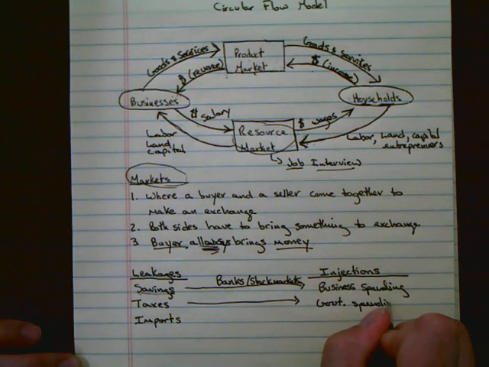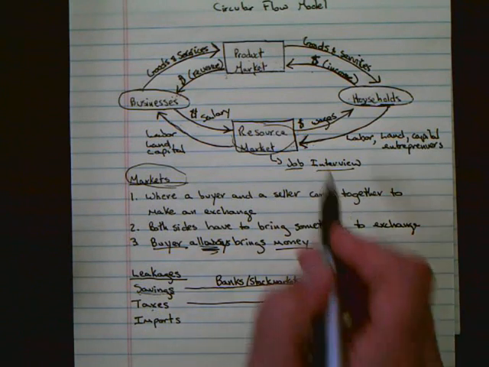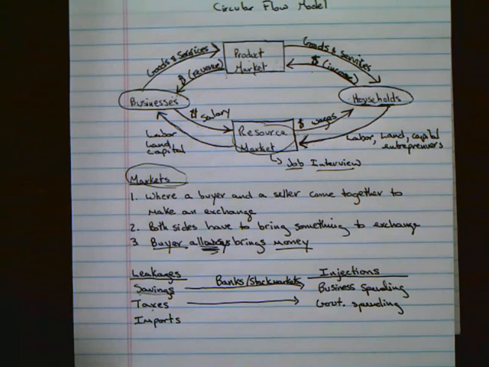When it comes to taxes, who injects our taxes? That would be the government. So government spending is our injection for our taxes leakage. So as long as the government spends our taxes in our economy, that money, again, it's a leakage here. We didn't spend it, but now government gets their hands on it.